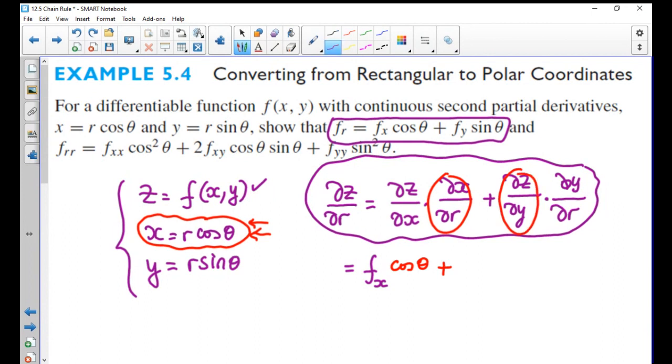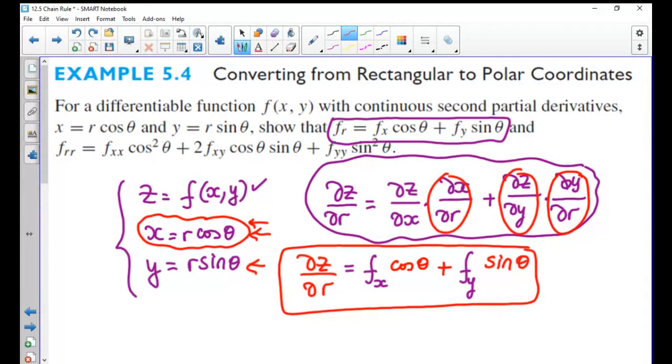Again, we don't know what this function z is, so I will just write it as the derivative of f with respect to y, multiplied by dy over dr, which is sine theta. So we're getting exactly what we want, which is this rule here.